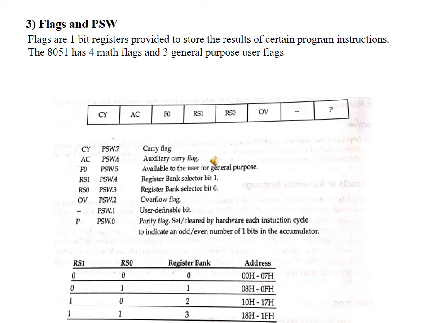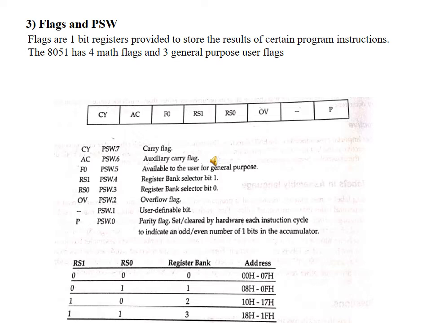These flags are grouped inside the program status word and power control register. The 8051 microcontroller will have 4 math flags and 3 general purpose user flags. So this general purpose user flag can be set or reset as the programmer decides.